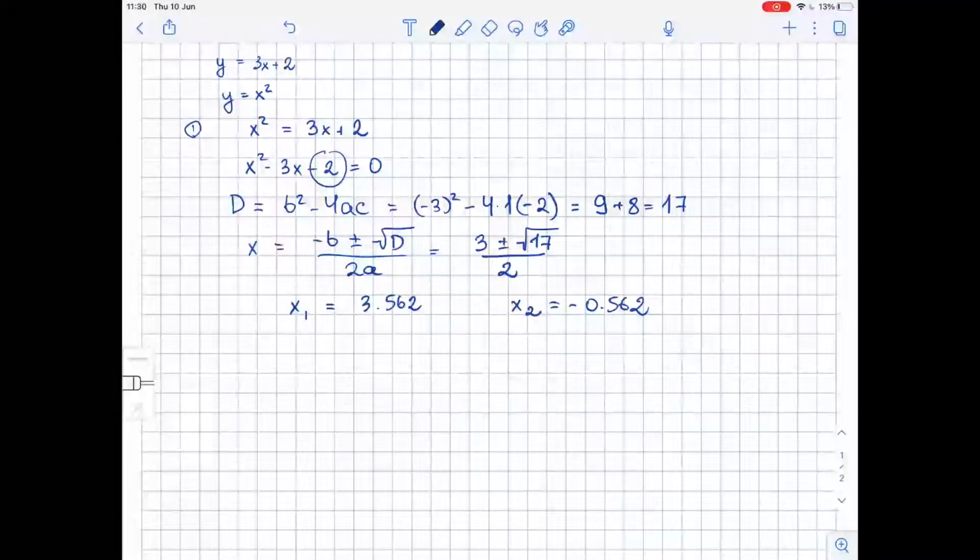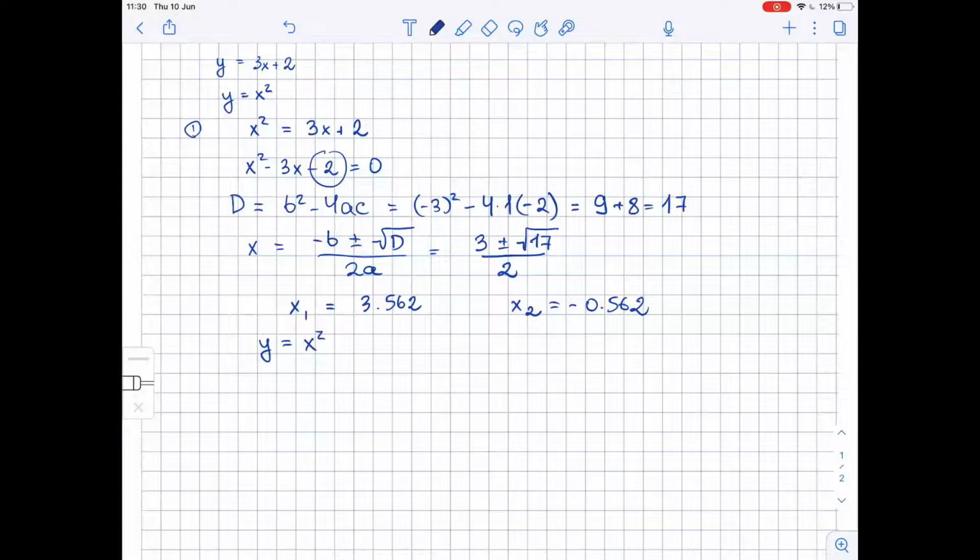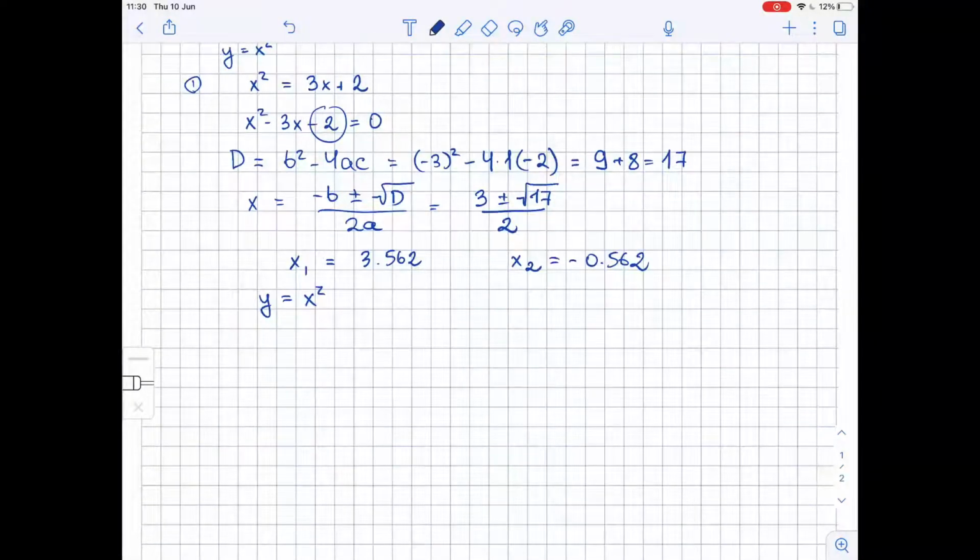Now we just need to substitute these numbers for x in our second equation. So in our quadratic equation, y is equal to x squared. We just substitute these numbers for x to find y. So y1 equals 3.562 squared.